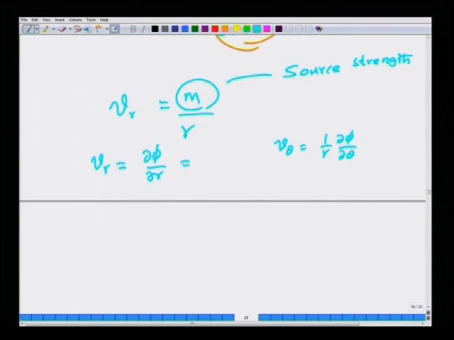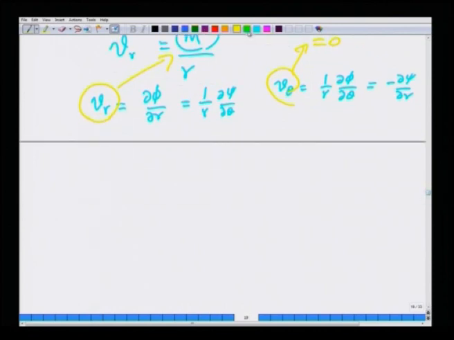V r is also equal to 1 over r partial psi by partial theta, and V theta is also equal to minus partial psi by partial r. For our problem, V r is given by this, but V theta is 0. There is no flow in the theta direction. Flow is purely radial in the cylindrical coordinate system. So, we can use these two equations to integrate.